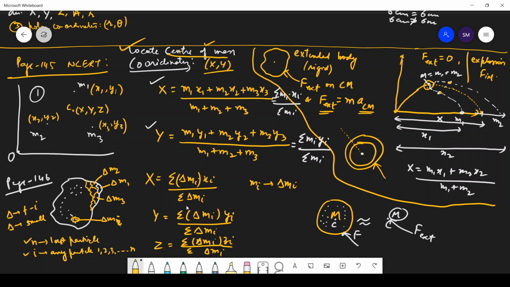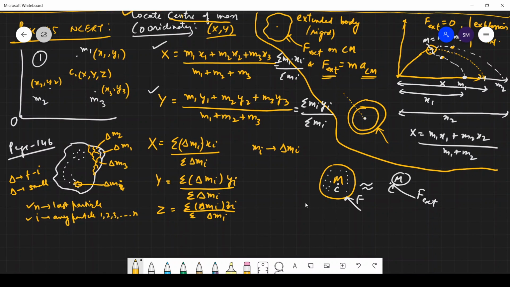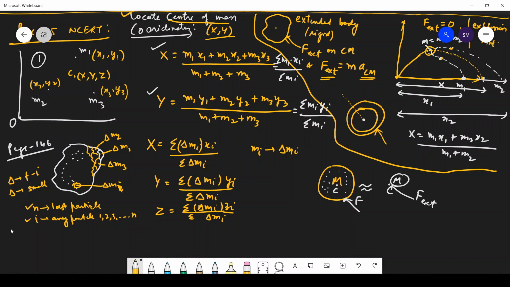But now what we are doing is making n bigger and bigger. See, what are the coordinates of m1 you have taken? x1, y1. What are the coordinates of m2? x2, y2. But you can clearly see that x2, y2 is a point, and this mass takes up so much space.